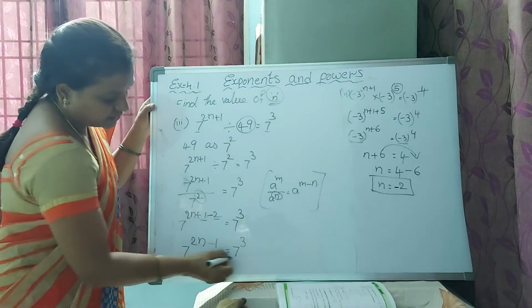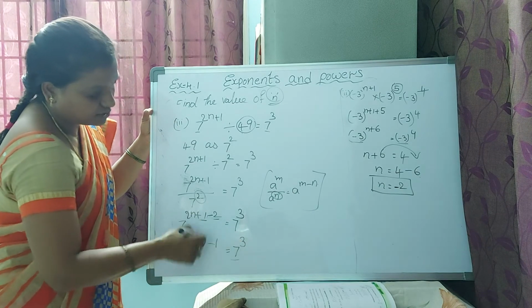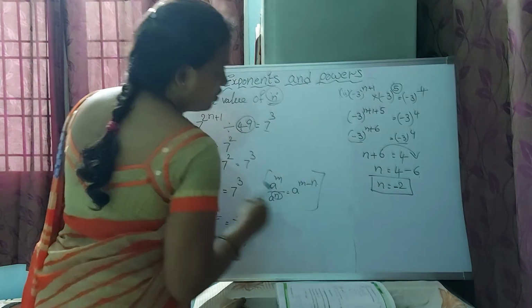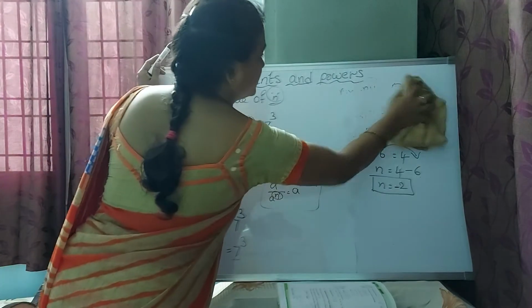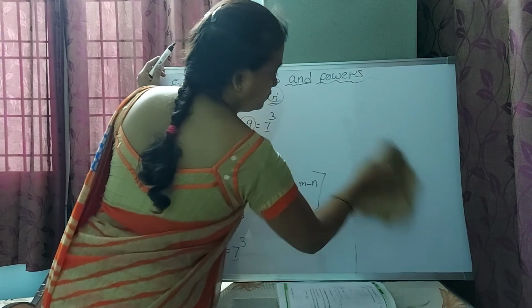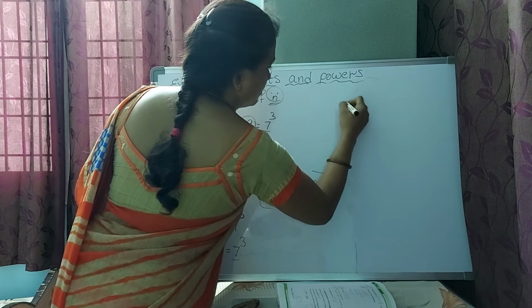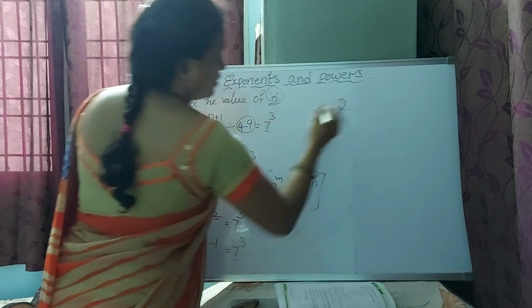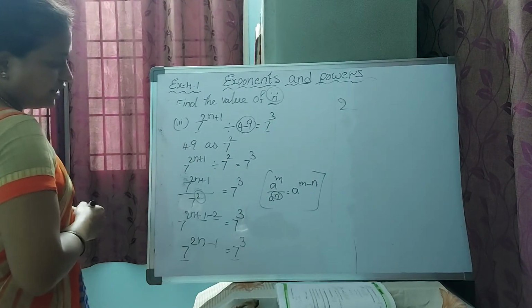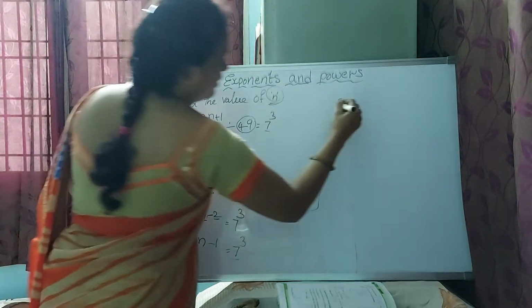Here bases are equal, exponents are also equal. So 2n − 1 is equal to 3.